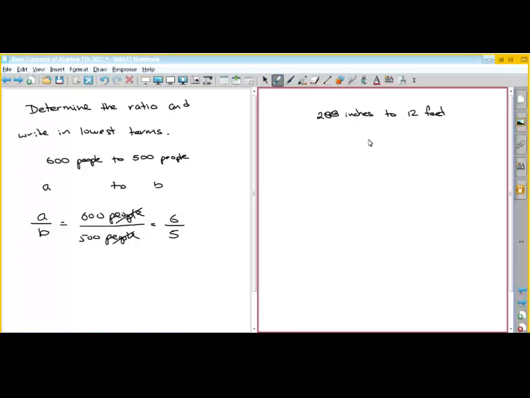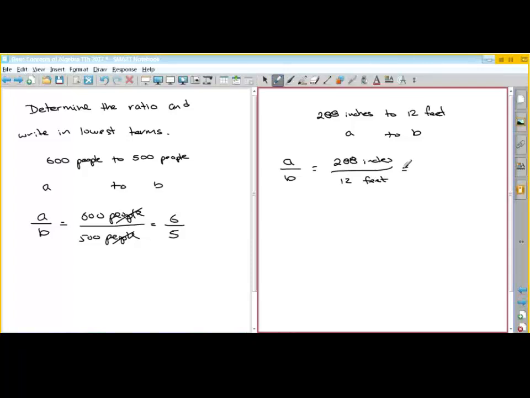Okay, here's 288 inches to 12 feet. So again, this would be A to B, which is the same as A divided by B. So we have 288 inches divided by 12 feet.